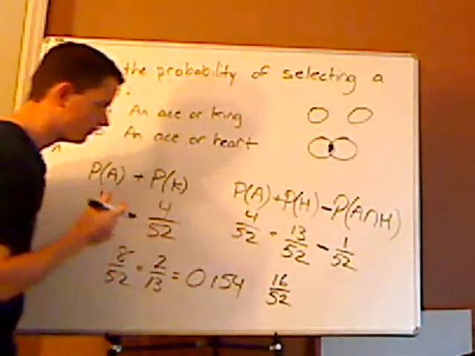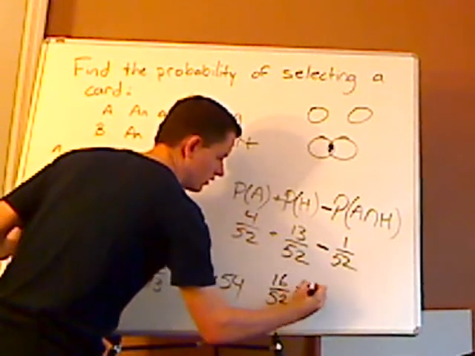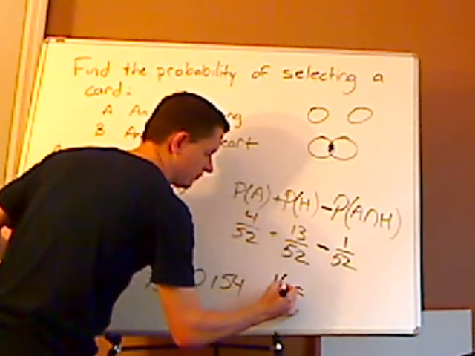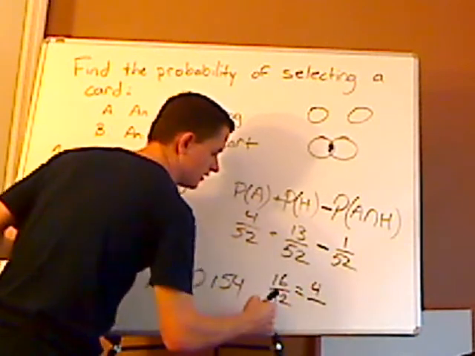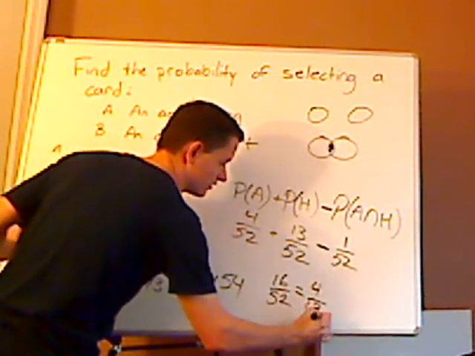Both of those are divisible by 4. 16 divided by 4 is 4, and 52 divided by 4 is 13.